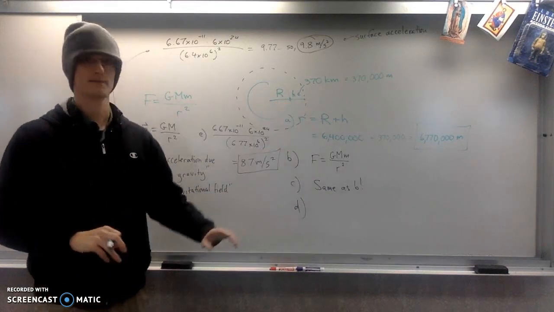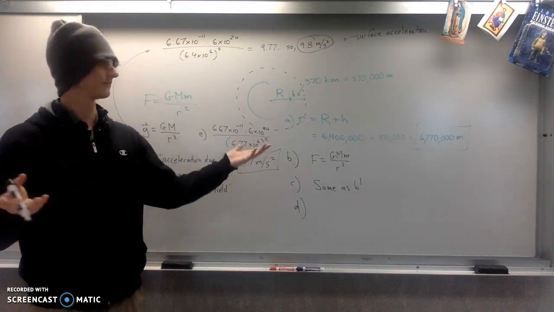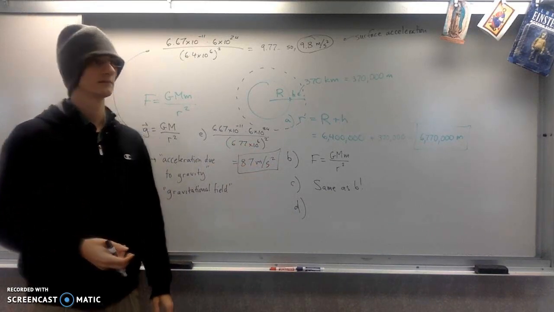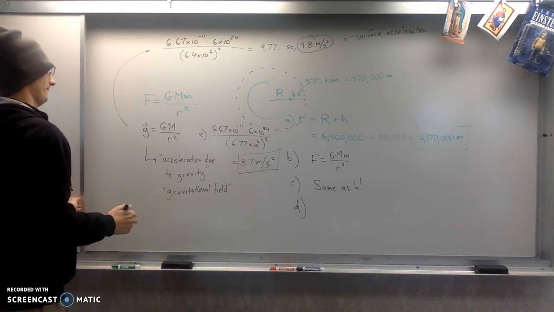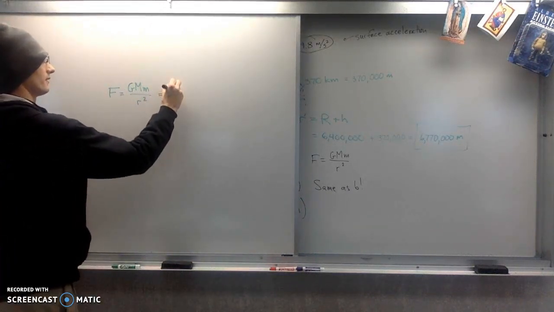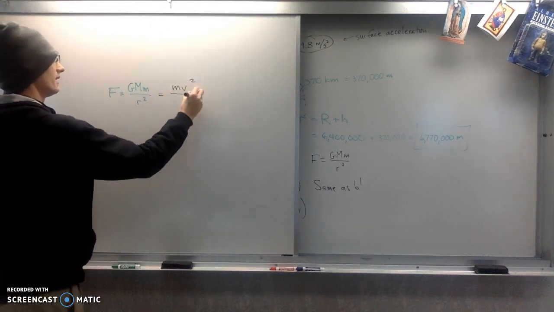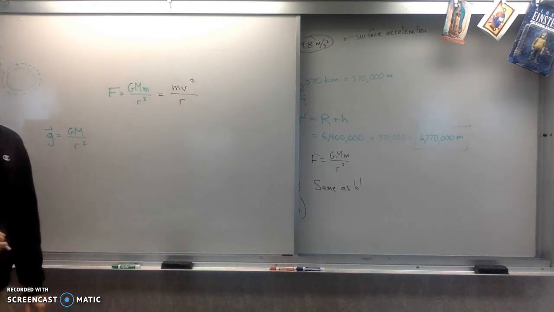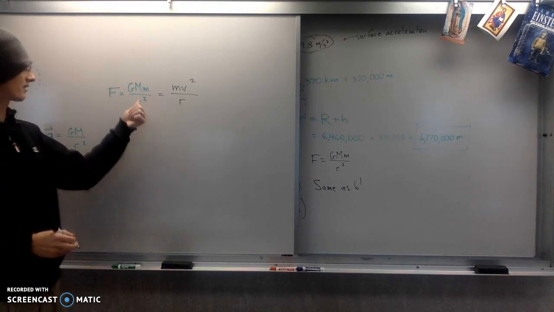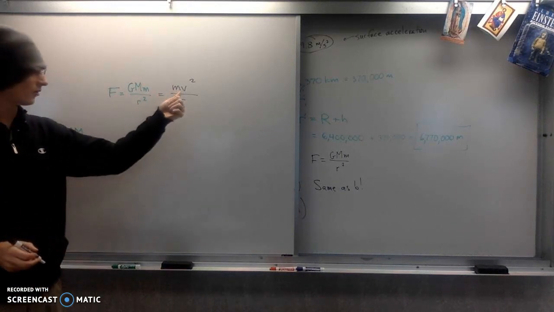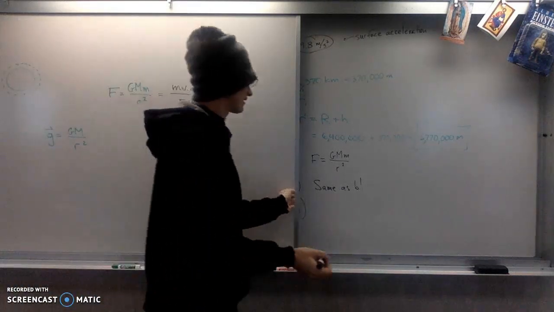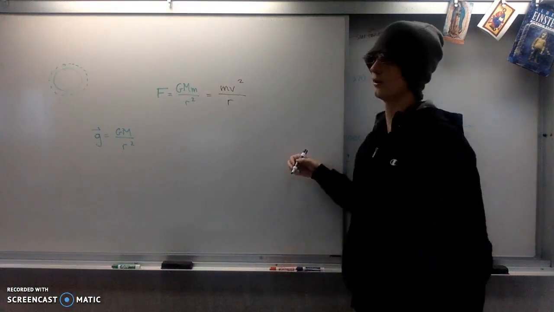What force makes the ISS move in a circle? Cover this stuff up here. And the thing that provides that force is the force of gravity. So the force of gravity equals the centripetal force that makes the ISS go in a circle.